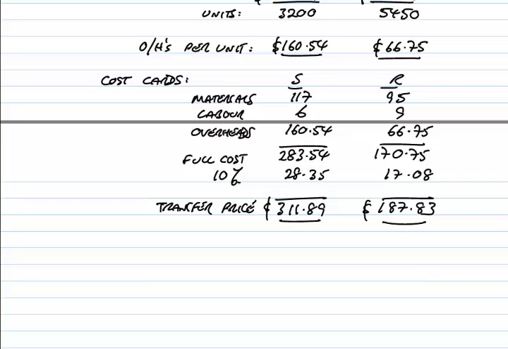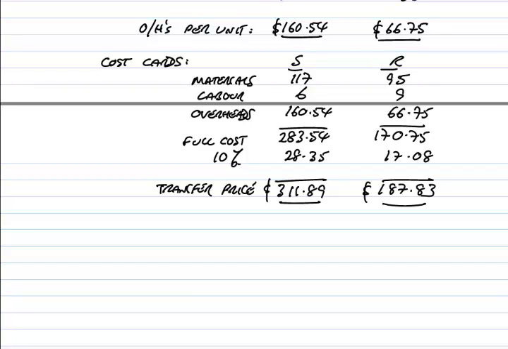What about part C? Part C1. Calculate last month's profit for each division, for each product and in total, if activity-based costing is used. Fine. The two divisions, well, remember the costings we've been doing are for assembly.